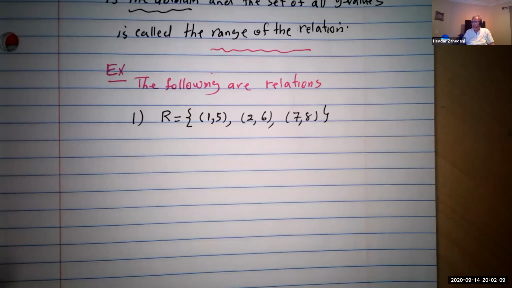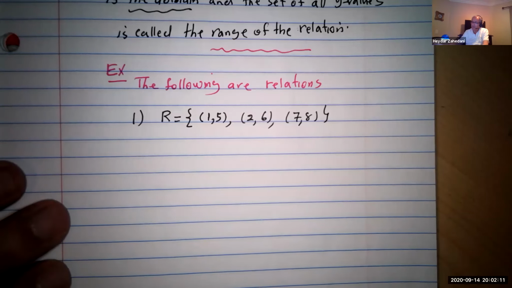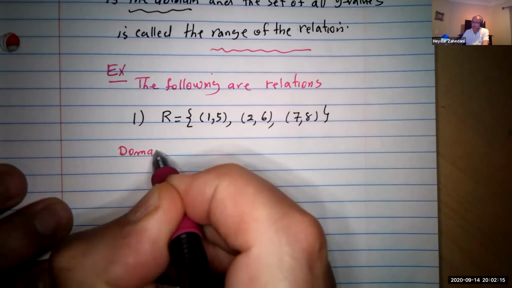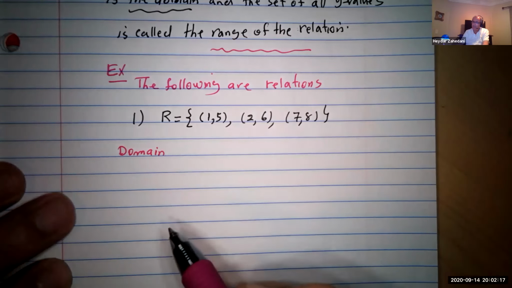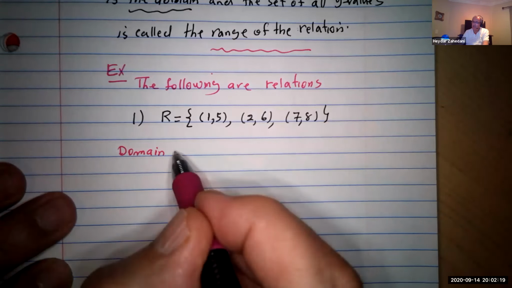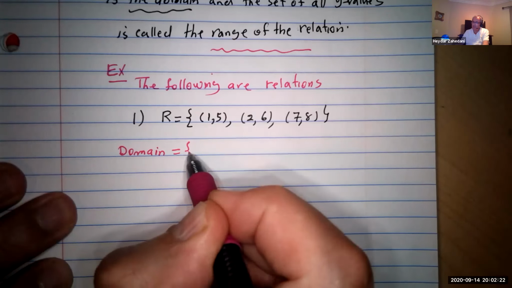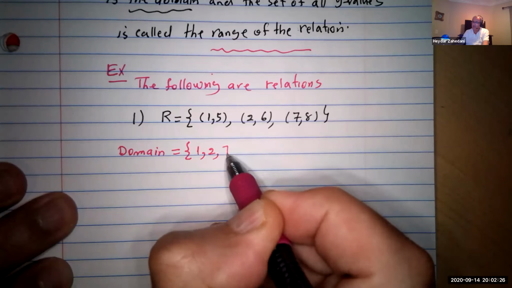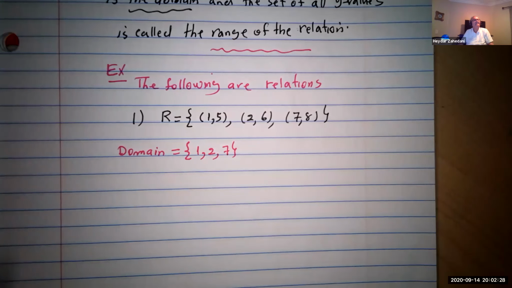So the first components are going to be the domain. The domain of this relation in set notation is {1, 2, 7}. The x values, we call them the inputs.